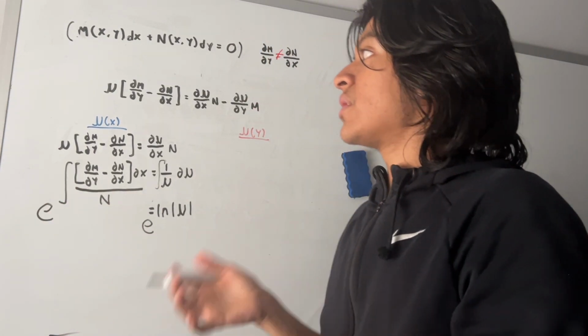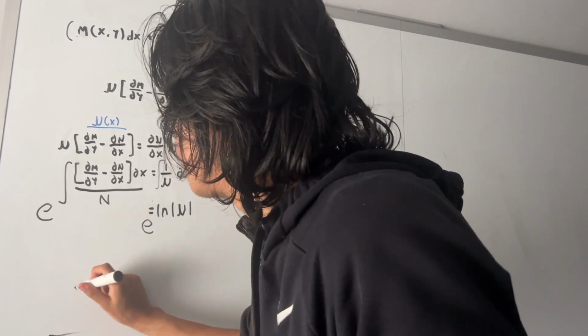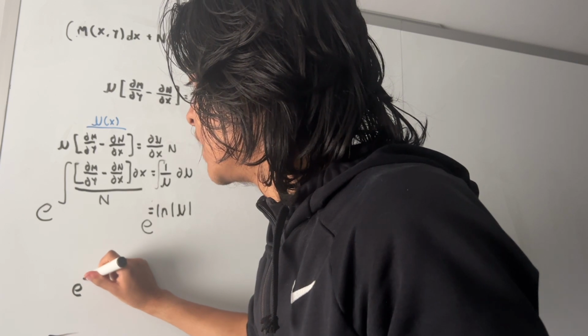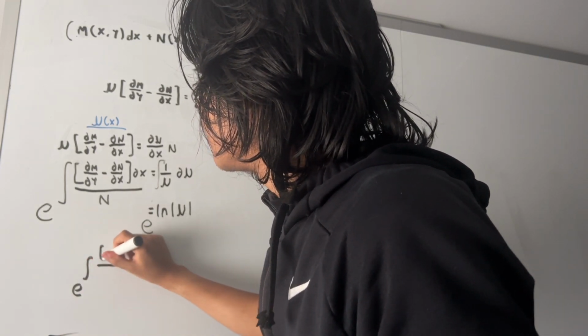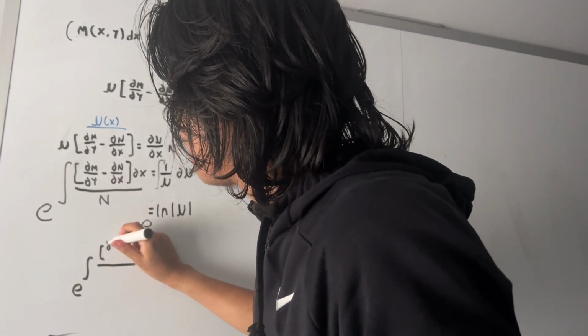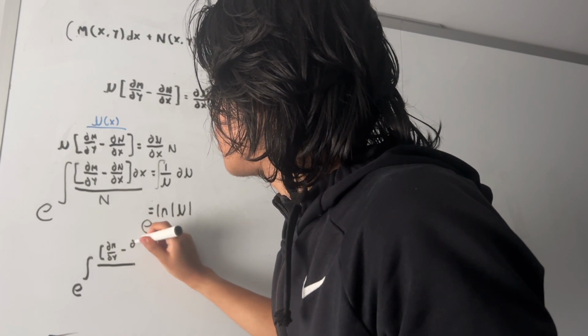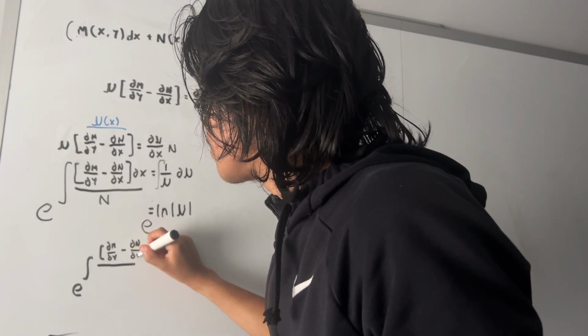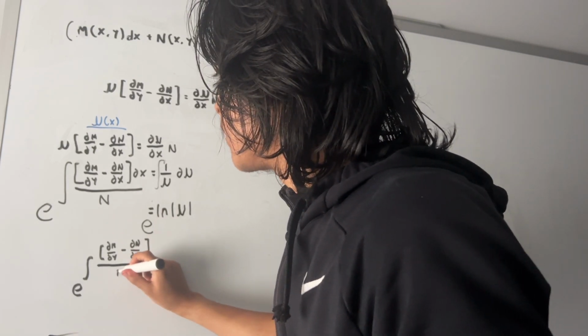So if we wanted to solve for an integrating factor that's just a function of x, we would have e raised to the integral of our partial M partial y minus partial of N partial x. And we also have our function N at the bottom.